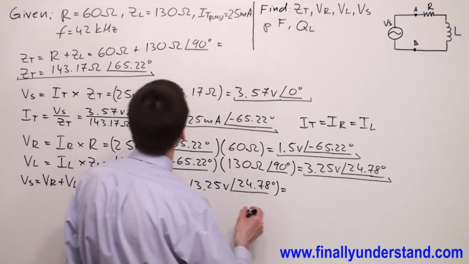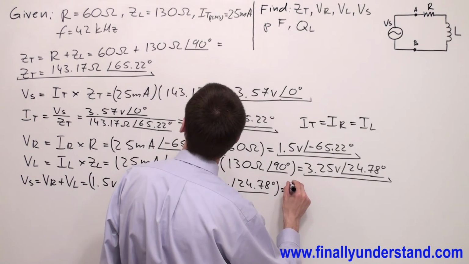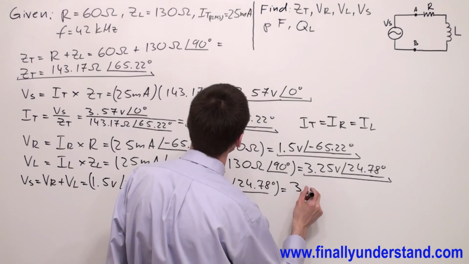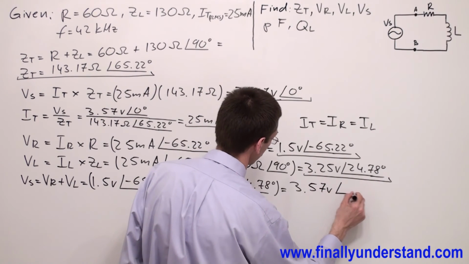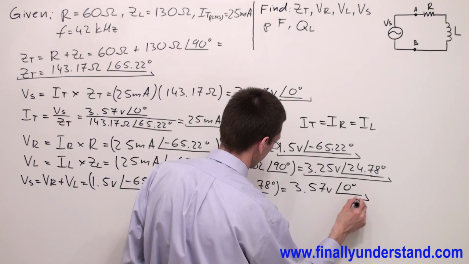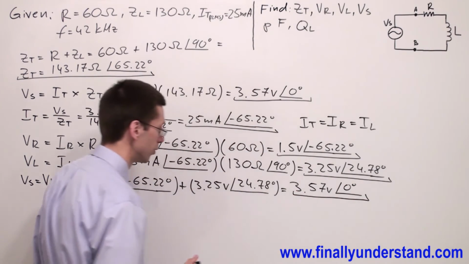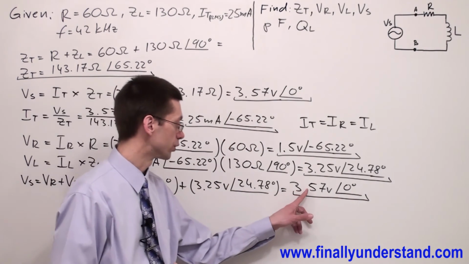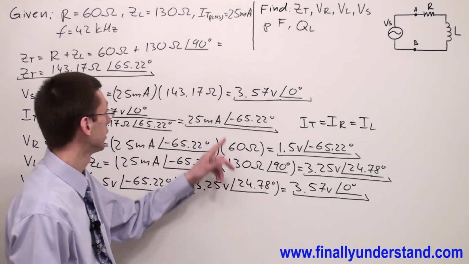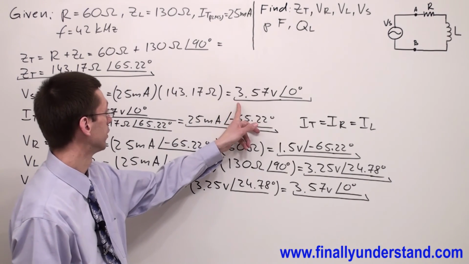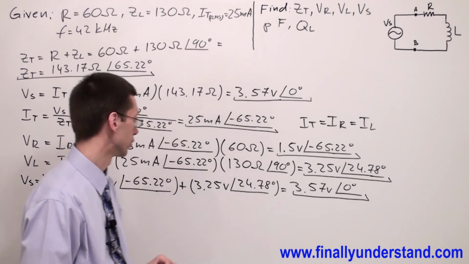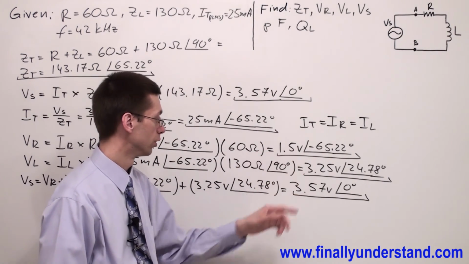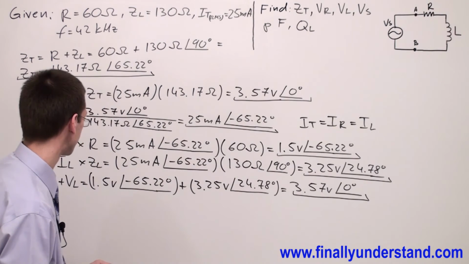This is equal to 3.57 volts and angle of 0 degrees. So please notice that the value which we obtain is equal to the value of my voltage source. So it means that these two values are correct.